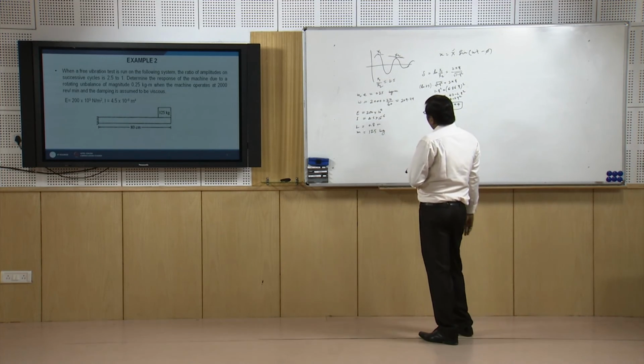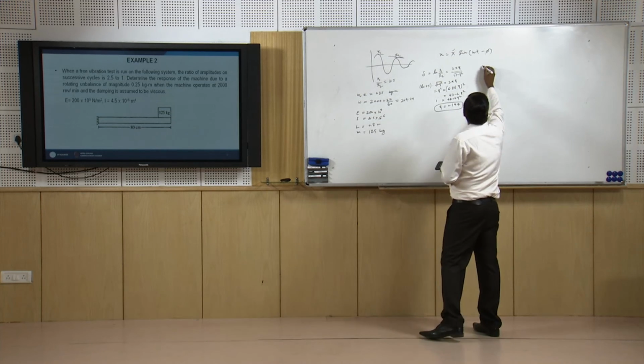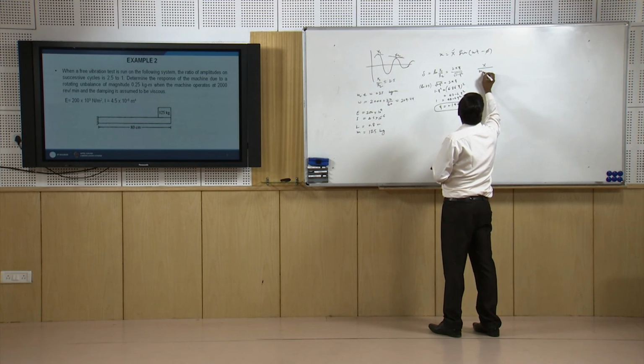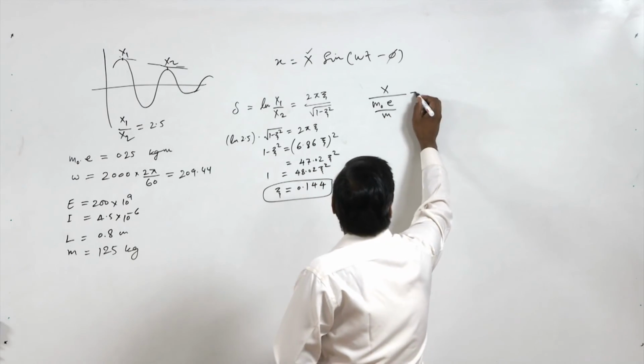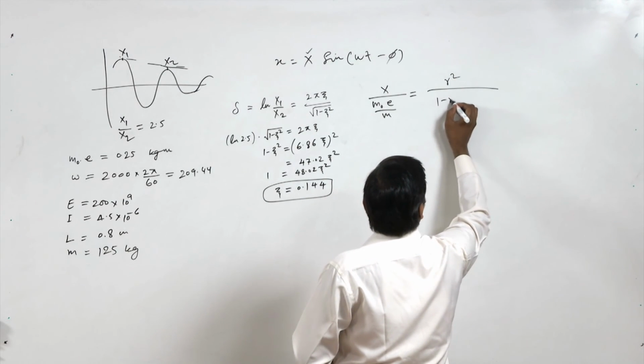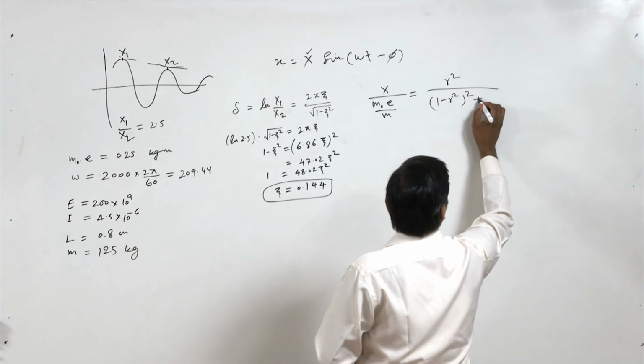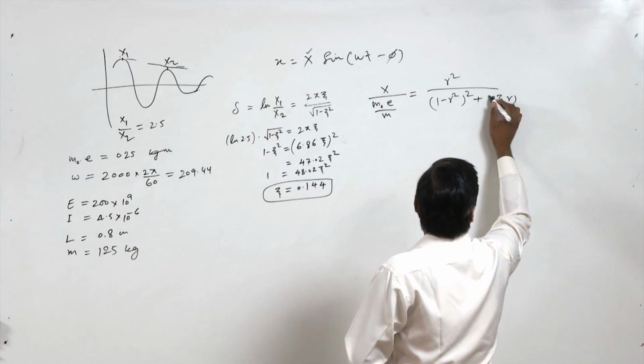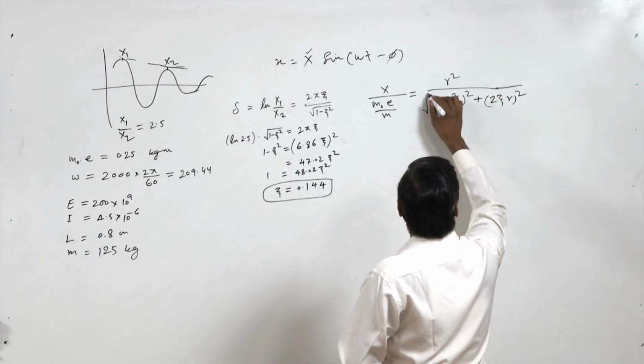Because we have to find the amplitude, and we know that x by m0 e by m equals r square upon the square root of (1 minus r square) whole square plus (2 zeta r) whole square.